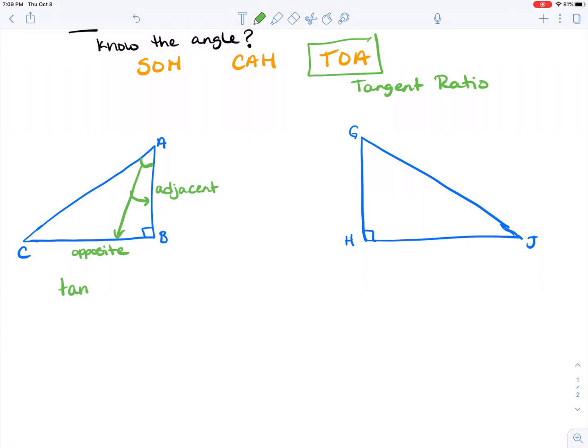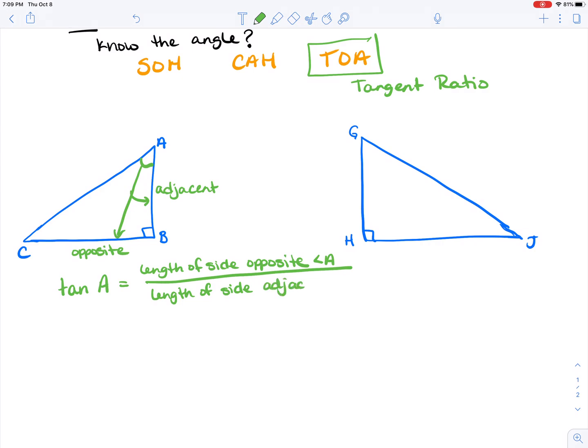So I'm going to write it as tan A, because the angle I'm trying to find is at A, equals the length of side opposite angle A divided by the length of side adjacent angle A.